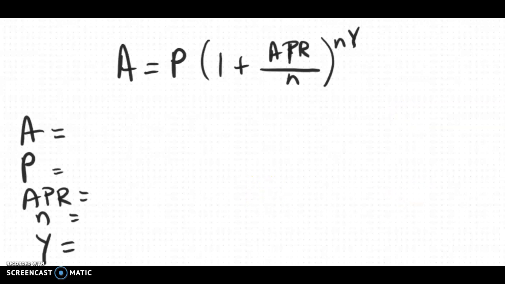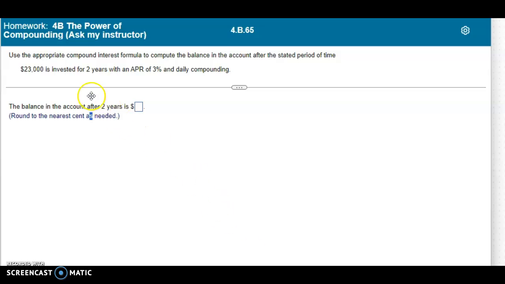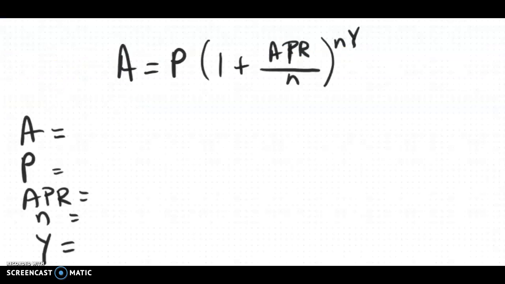Let's go back to the problem. This one is just this one sentence. 23,000 is invested. So that is the amount that's initially invested.